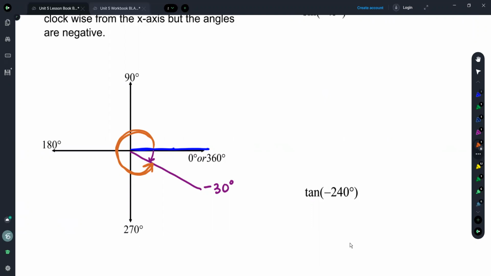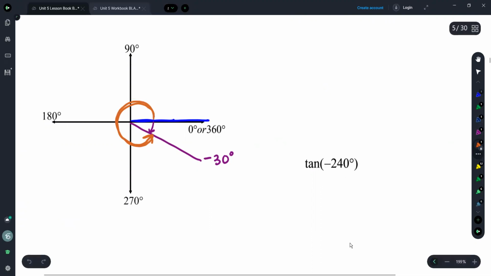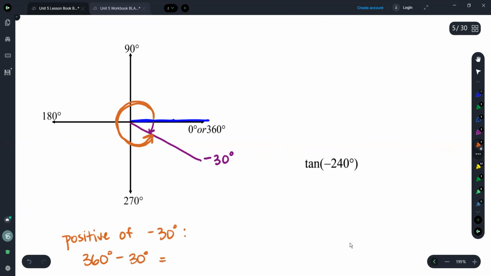So the way we do this, if I have a negative angle and I want to switch it into its positive version, I just take 360 minus that angle. So if we want to switch it into the positive, we'll do 360 minus the angle, or I guess plus the negative angle, and I'll get 330.